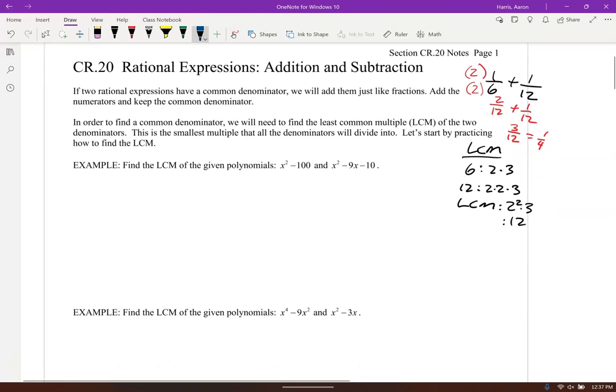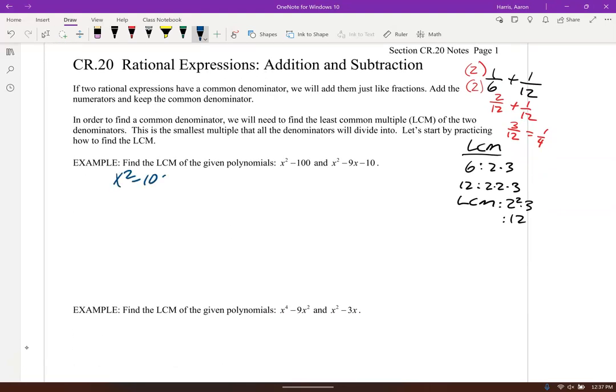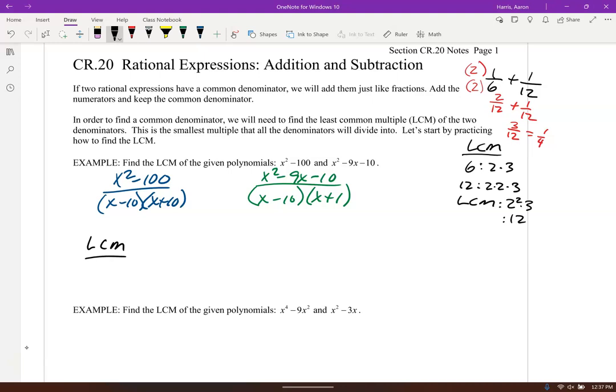So let's go ahead and factor this x squared minus 100 first. That's difference of squares. And then let's factor that x squared minus 9x minus 10, and then we'll find their least common multiple. So the least common multiple would be, they both have 1 x minus 10.